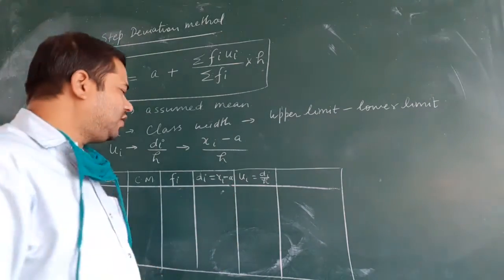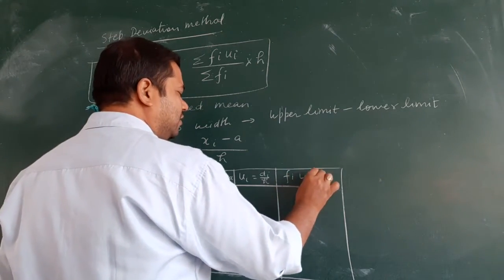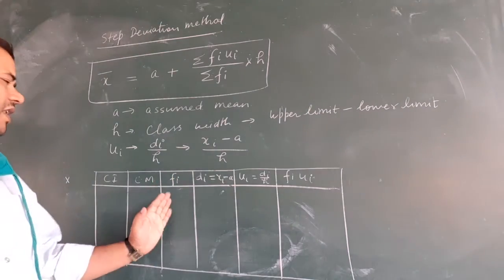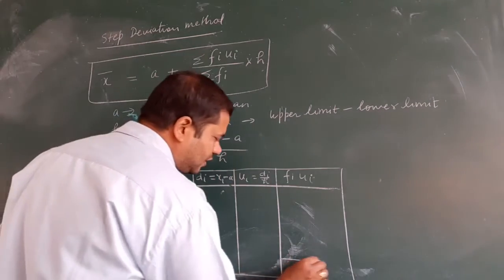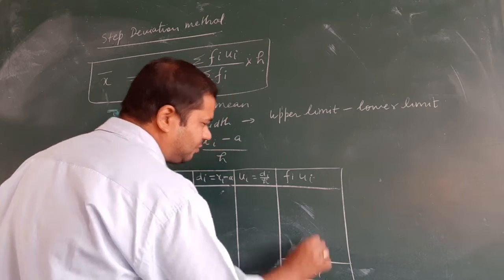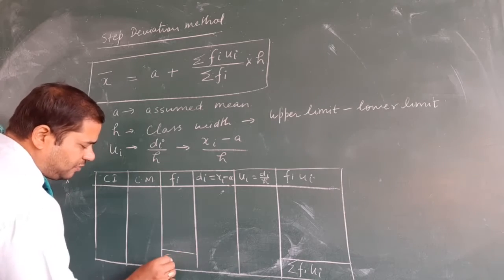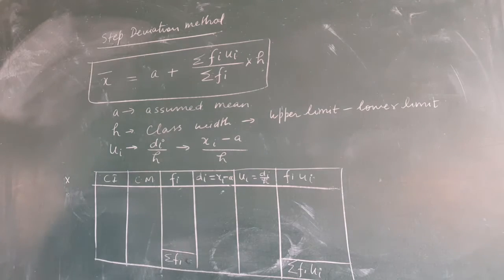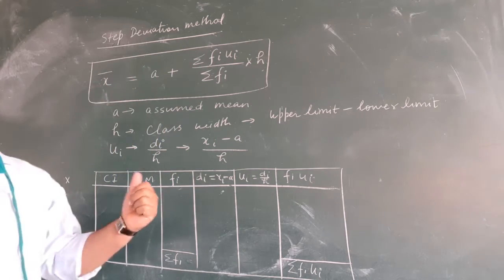And then what you find here? fi ui. Only one more column is needed for ui, and then fi ui. This is sigma of fi ui, the sum of these quantities, and you also find sigma of fi. In the formula, a is the assumed mean.